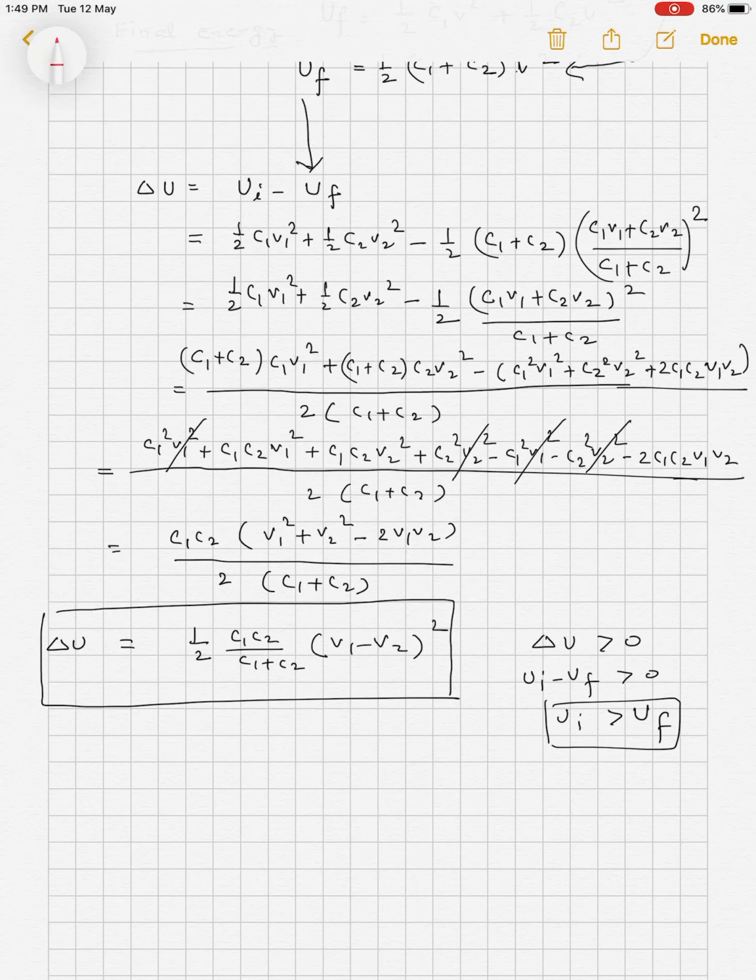Second, the important remark: when charged capacitors are connected such that the plates of opposite polarity are connected together. Suppose the capacitors are connected like this.